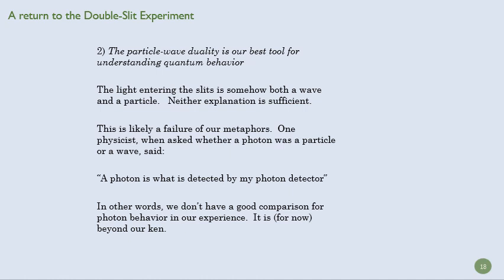We know that we're detecting something, that there's a bit of energy that we're able to say passed here or was here at a particular moment. But beyond that, our understanding fails. It's beyond our ken, as we sometimes say, which is a great phrase. If you ever want to say something's beyond your understanding, say it's beyond your ken.